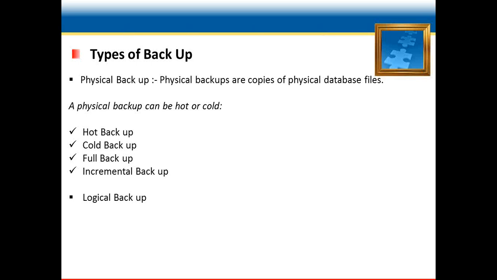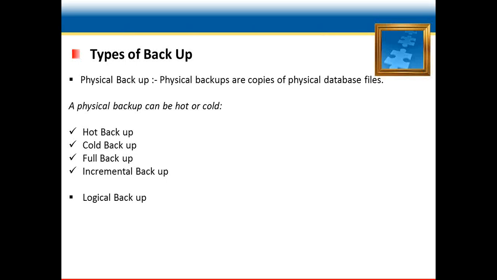Incremental backup can be done hot, while the database is in use, but it slows the performance. So these are hot backup, cold backup, third one full backup, and last one the incremental backup.